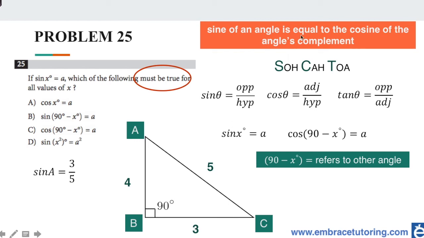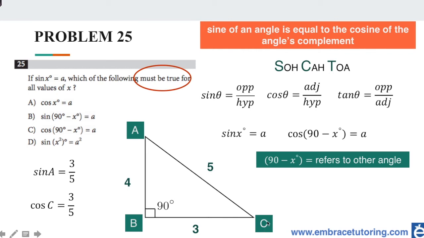Now, according to this property, these are going to be equal if we're talking about cosine of the other angle. So the other angle in this instance is going to be c. So let's do cosine of c. Well, remember, what is defined as the opposite is always opposite of the referenced angle. So the opposite in this case, when we're referring to c, is going to be 4, which makes the adjacent 3, and my hypotenuse 5.